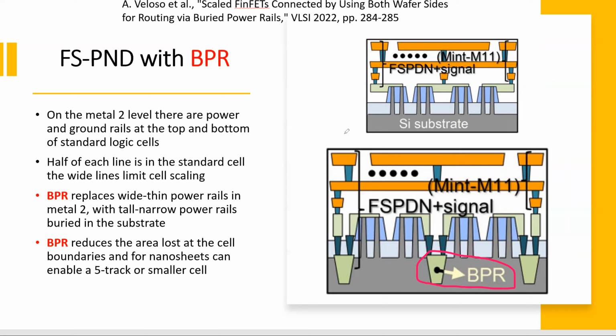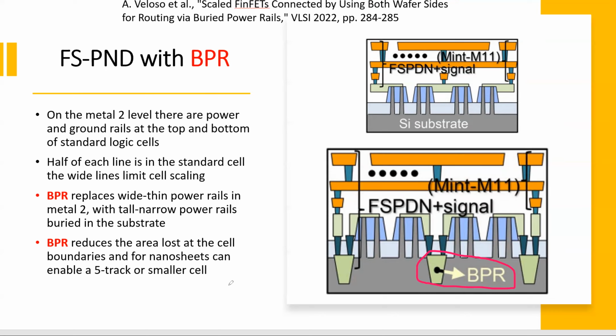The reason they want to do it, I think the paper explained pretty clearly. Because of the area, half of each line in a standard cell, for this one, they eat up the area. So if you do a cell design, it turns out it will eat up half the space. The width, half the width, eats up your cell area.